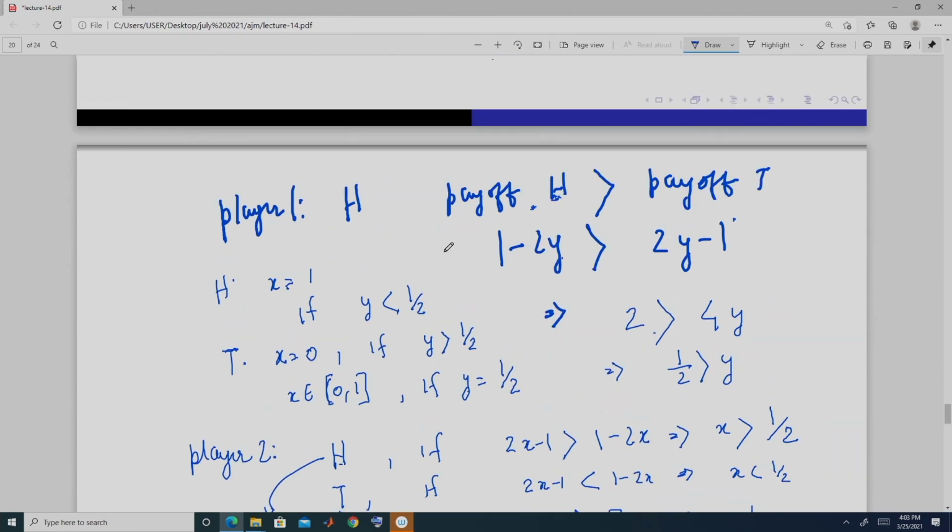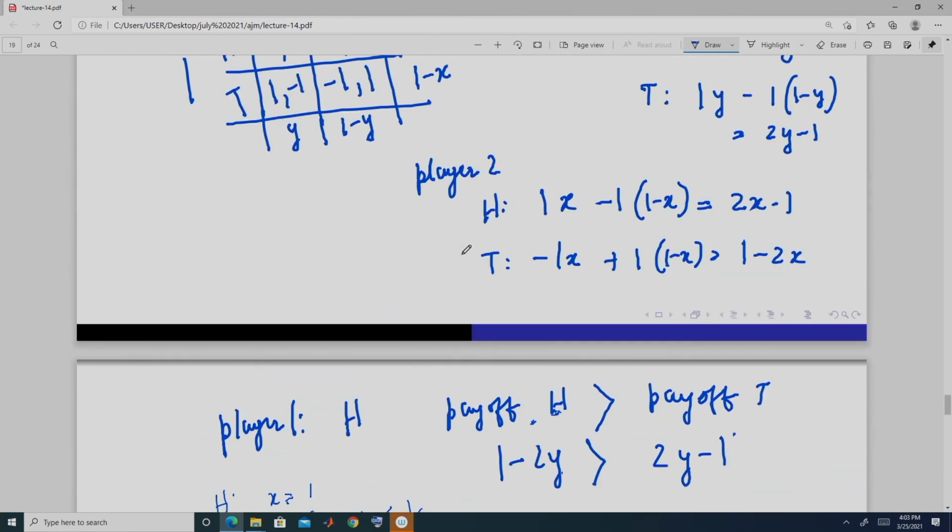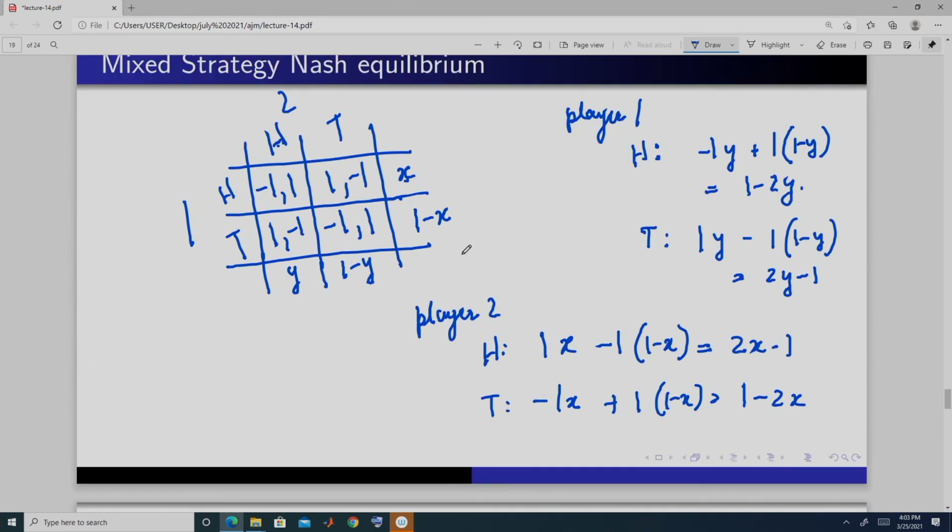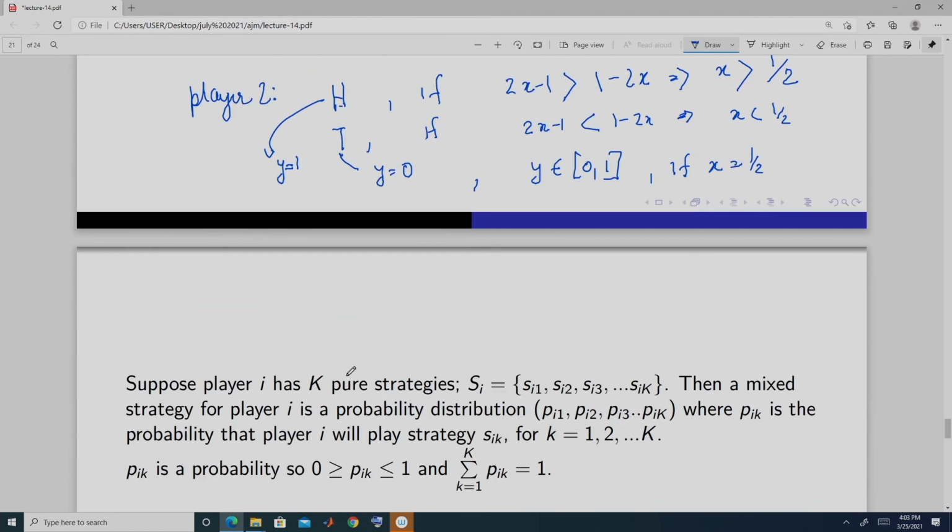So how do we arrive at the mixed strategy Nash equilibrium? We find that value of y where player 1 is indifferent between head and tail, and we find that value of x where player 2 is indifferent between head and tail, and that value gives us the mixed strategy.